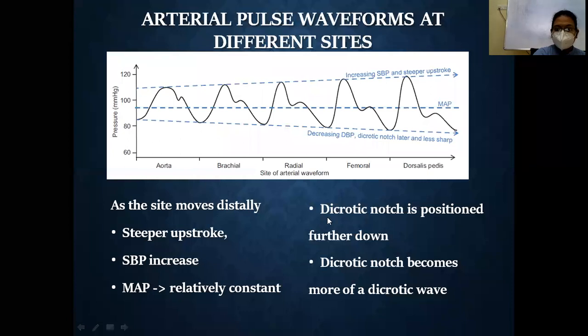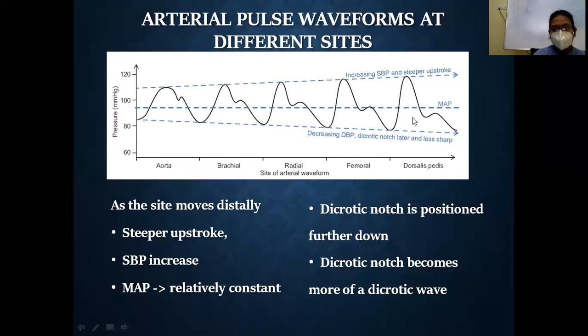Now, if you look at the position of the dicrotic notch, what is happening? It is tending to go down, means it is getting positioned at a lower position. Look here, it is at a higher point, whereas you go towards the periphery, it is at a lower position. And the dicrotic notch becomes more like a wave.